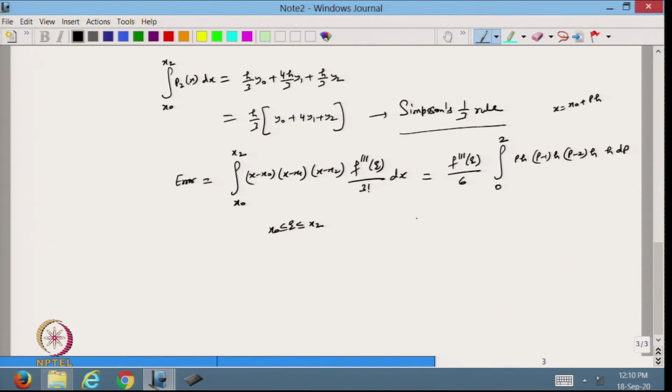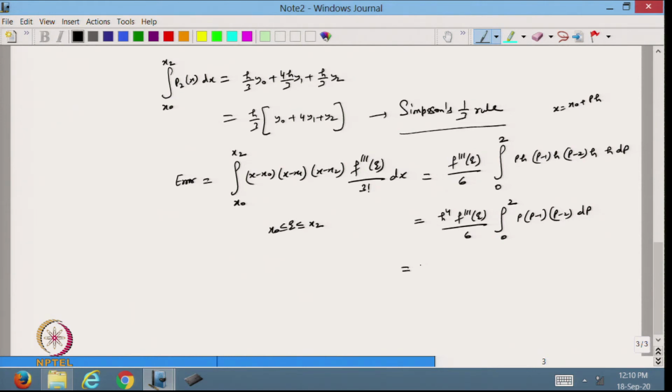So, from here I will get h to the power 4, third derivative at xi over 6, from 0 to 2, p(p minus 1)(p minus 2) dp.